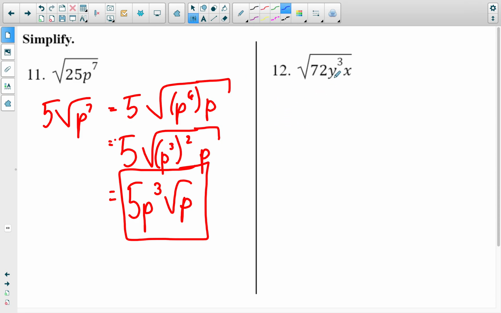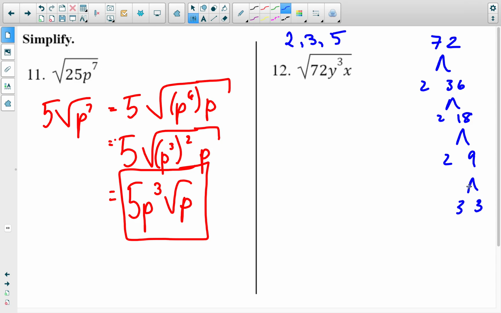Number 12. This one's a fun one because we can actually break down our 72. Okay, 2, 36, 2, 18. So remember, we're just dividing by 2's, 3's, and 5's every time. All right, 2, 9, 3, and 3. And our index here is 2, taking the square root. So we're going to bring numbers out in groups of 2.